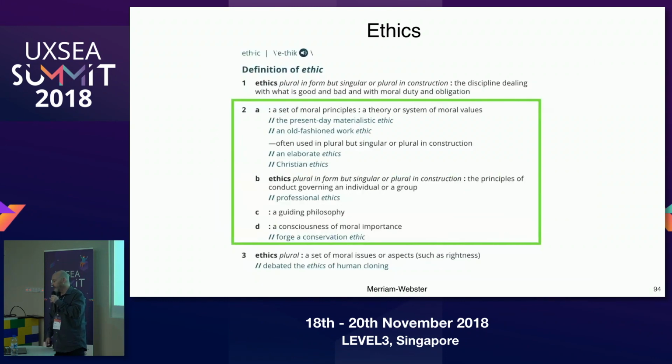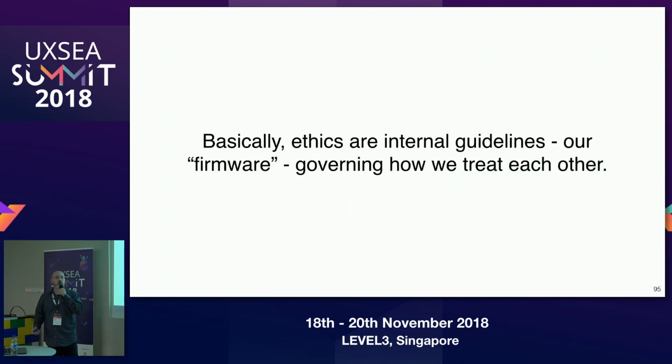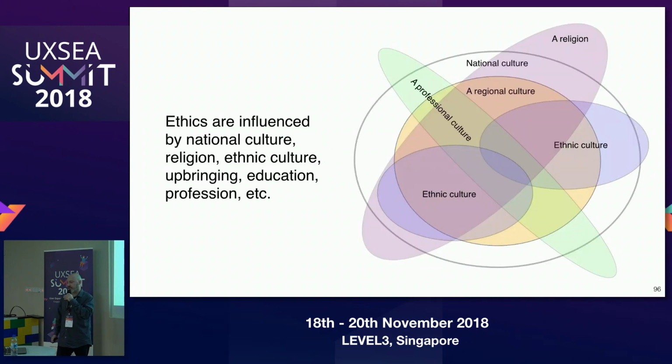So as I was reading, I looked at multiple definitions, and these are just a few. What I learned is that ethics are internal guidelines, kind of our firmware, and I intentionally chose firmware rather than software because it's a lot more hardwired, governing how we treat each other. And this is because I've done cross-cultural research.